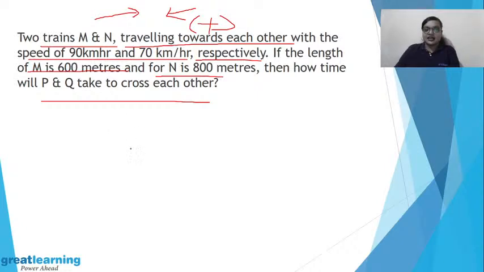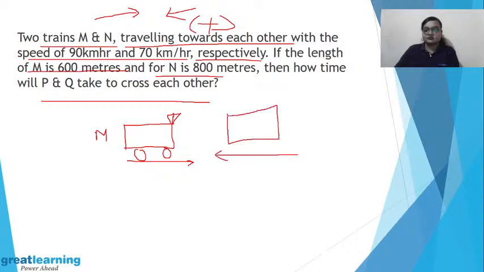Let me take the train M. I'm very bad at drawing, and drawing on a PPT takes so much time. Let's say there is a train M which is moving in this direction, and there is a train N which is moving in this direction.